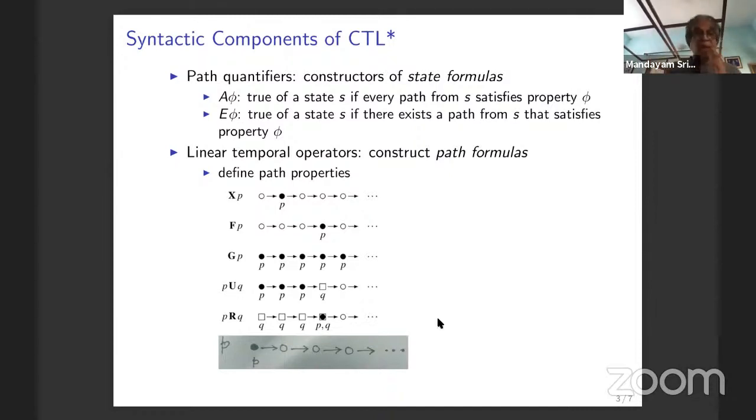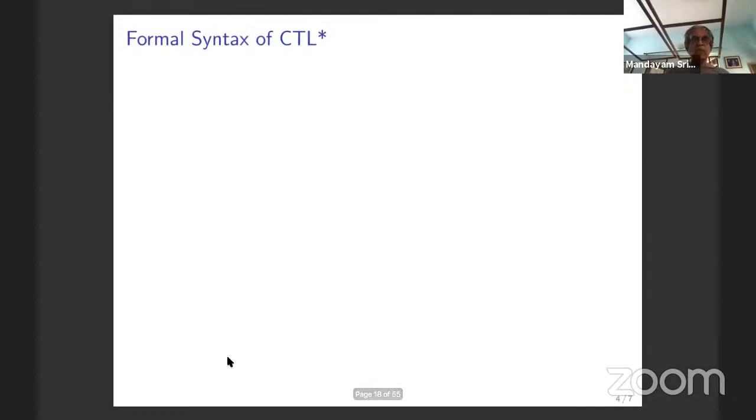We will define more formally what the semantics of these things are. But the important thing to consider here is these are operators that construct path formulas from other path formulas. And the way that you construct state formulas, two important ways, is using these path quantifiers, the universal path quantifier and the existential path quantifier. And of course, a predicate by itself is a state formula as well.